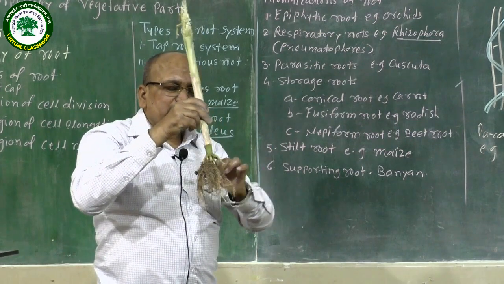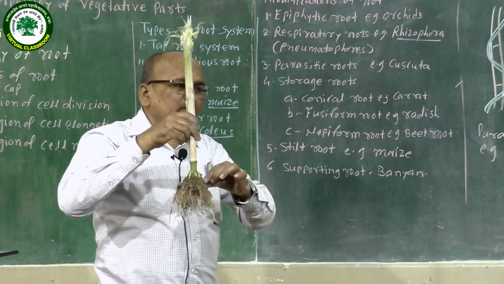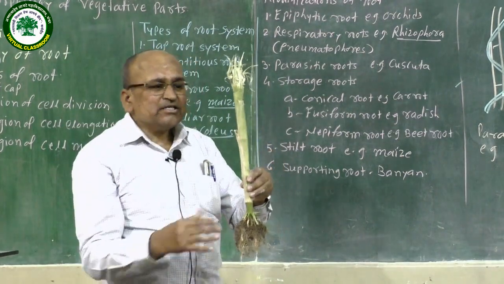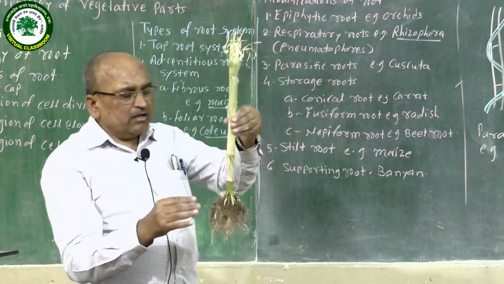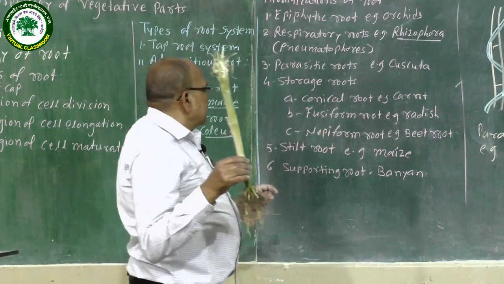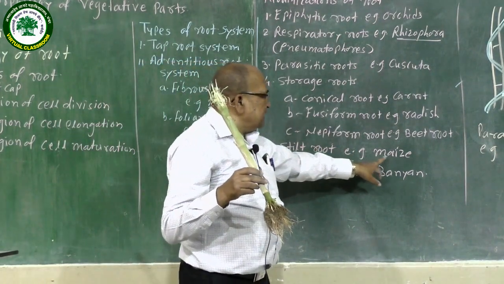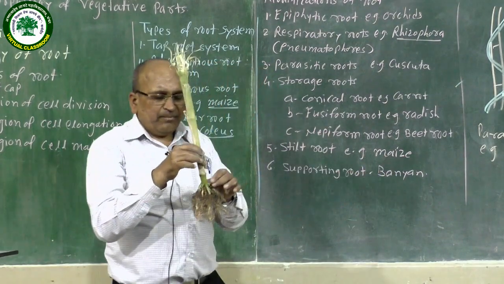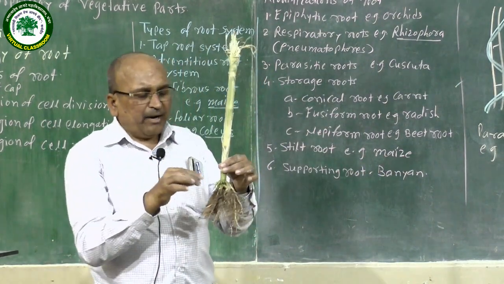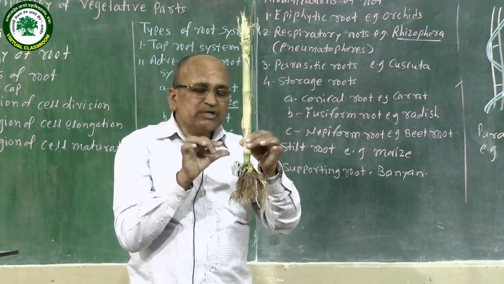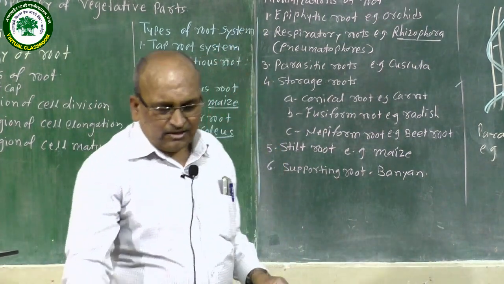In this way all these newly formed roots grow up to the soil and give additional support to the plant body. Such roots are called stilt roots. Example is the maize. मक्यामध्ये, ज्वारीमध्ये, बाजरीमध्ये, ऊसामध्ये अशा प्रकारचे हे ॲडव्हान्टिशियस रूट किंवा सपोर्टिंग रूट डेव्हलप होत राहतात.